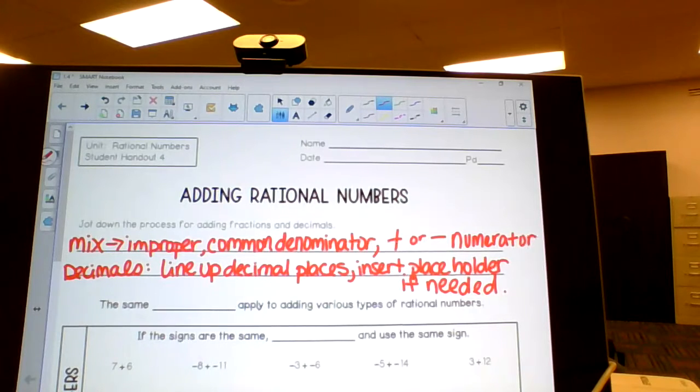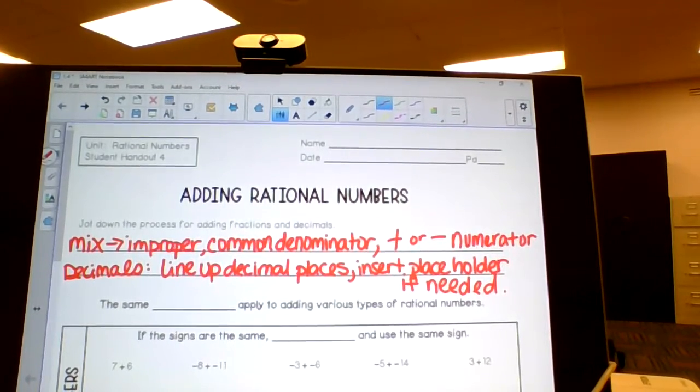Now, the really awesome thing about adding rational numbers like decimals and fractions is that you don't have to remember any new rules. Same sign, add and keep. Different sign, subtract. And that's what you need to know. So if it's same sign, add and keep, different signs we subtract.